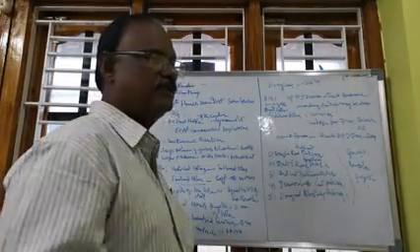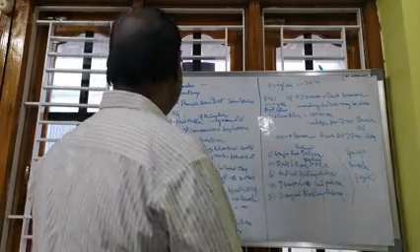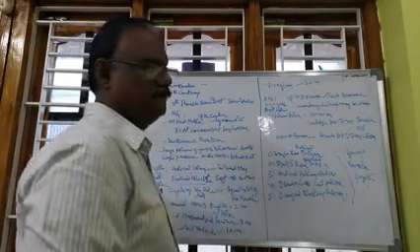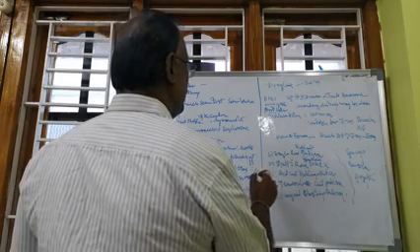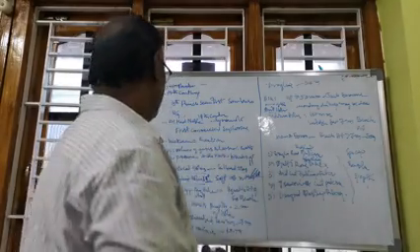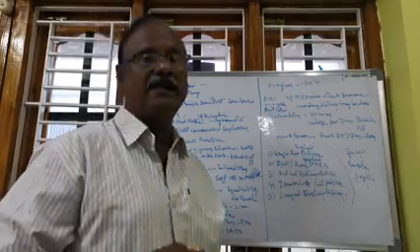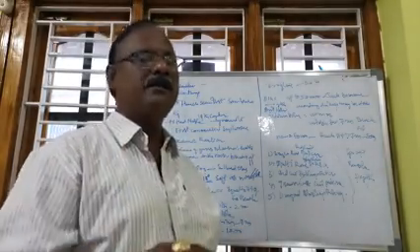With the first classification, there are vertical holes and inclined holes. Generally, the inclination may be 18 degrees to the horizontal. Suppose this is the vertical hole and this is the inclined hole, generally 18 degrees to the horizontal line. So the first classification is vertical holes and inclined holes.